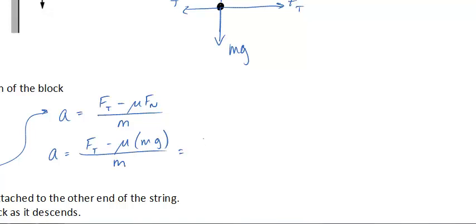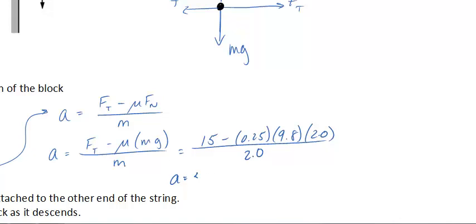Now I can plug in the values that I'm given. 15 minus 0.25 times 9.8, I'm doing this a little out of order, but that's okay, times 2.0, not 2.8, divided by the mass of 2.0, and you'll find that the acceleration is about 5.1 meters per second squared.